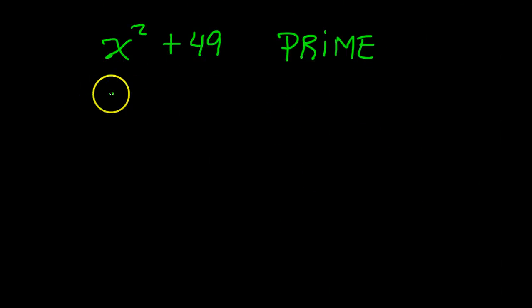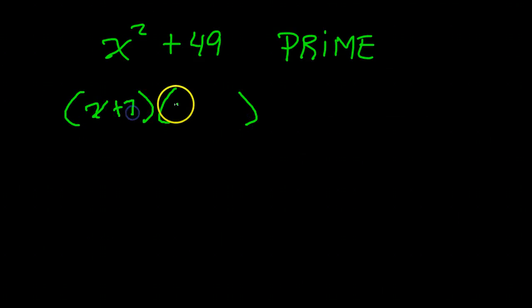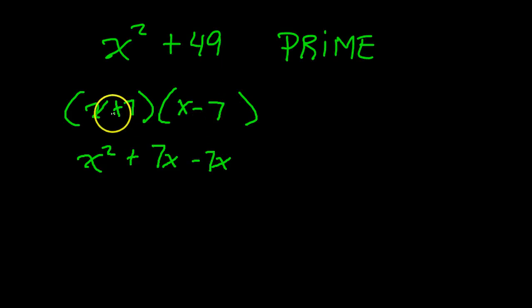This is prime because think of all the ways that you might try to factor this. You might think, okay, obviously it's not x plus 7, x minus 7. Because that's going to make x squared, and then plus 7x and minus 7x, and 7 times negative 7 is negative 49, not positive 49.